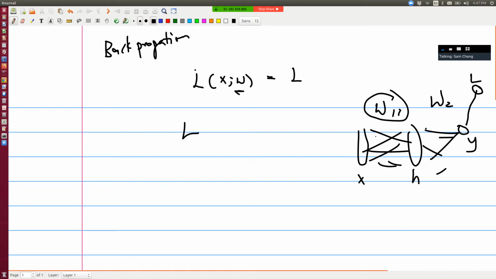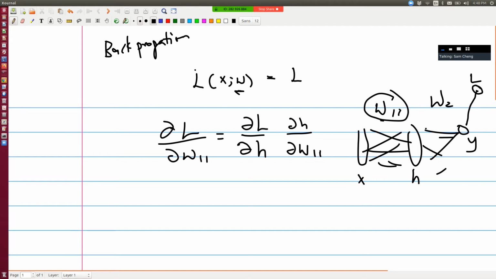So I want to take the partial derivative with respect to just W11 here. Now you remember, in elementary calculus, we have the chain rule, right? This H is an intermediate step, and the information from W1 always goes through H and eventually passes to L. Then partial L partial W11 will be equal to partial L partial H, times partial H partial W11, right?